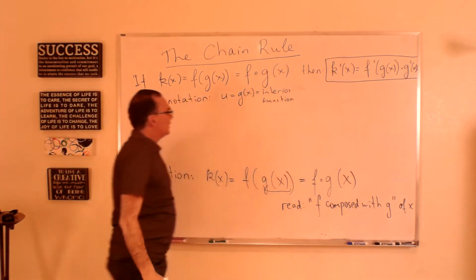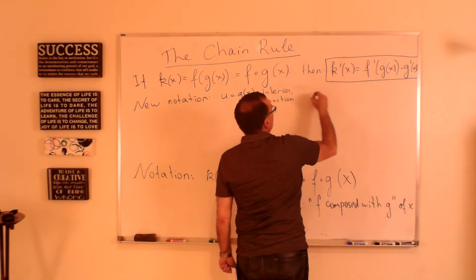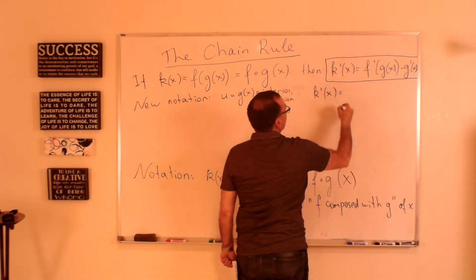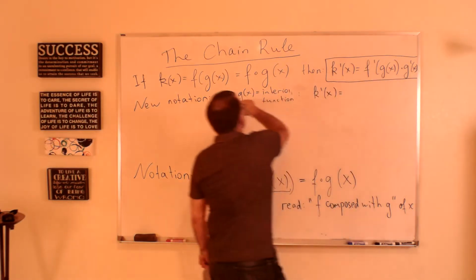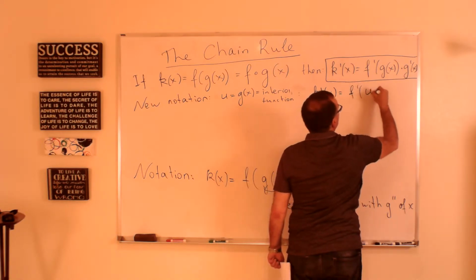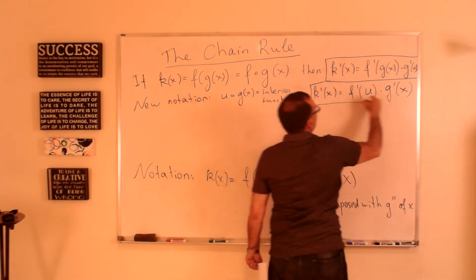And if we use this notation with the interior function, then k prime of x equals, well, if we denote that by u, we can put u inside here, so it will end up f prime of u times g prime of x. So now it's much easier to memorize.